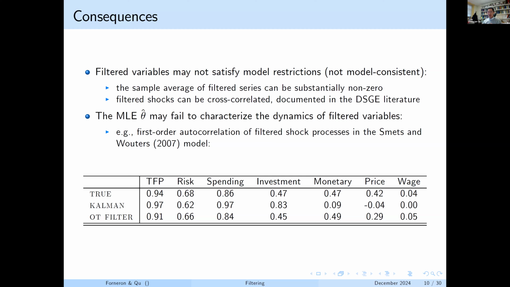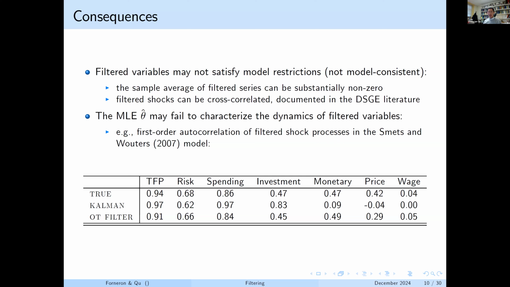So if our focus is to attach some interpretations to the estimated shocks, here we kind of run into difficulties, right? Because what the model is telling me is different from what I'm getting from applying the Kalman filter. And the issue reflects the inconsistency that we see in the previous slide, because the specification error accumulates over time. Things are kind of hard to interpret as a result.